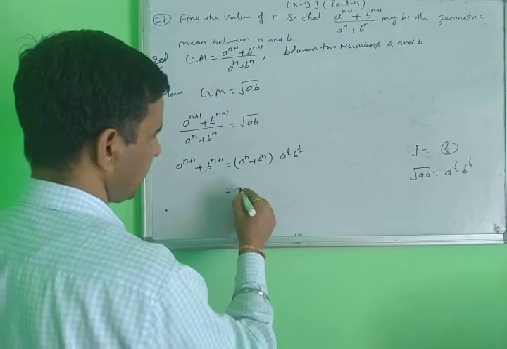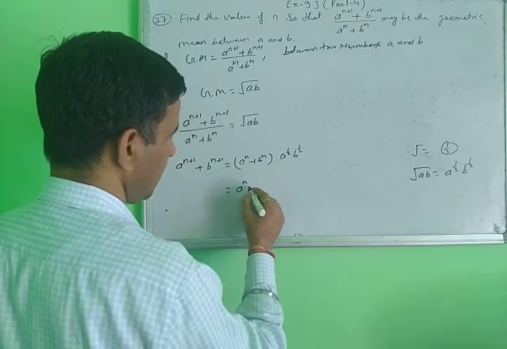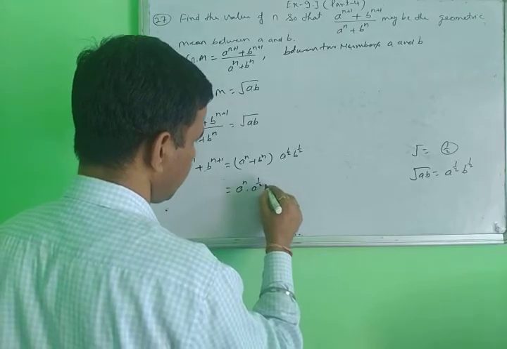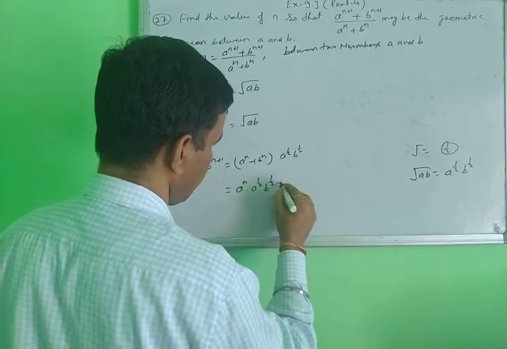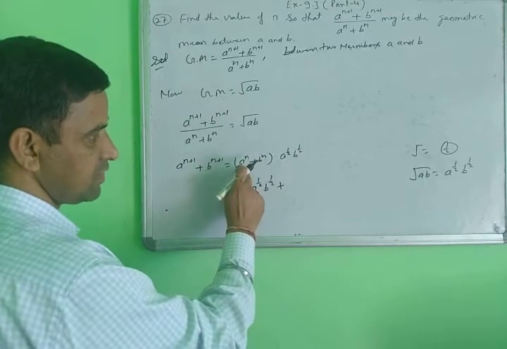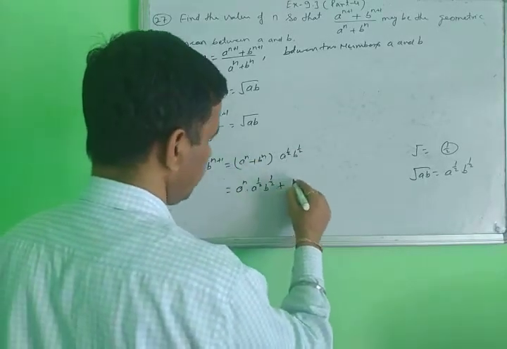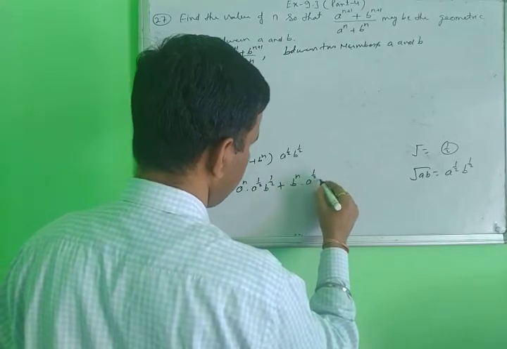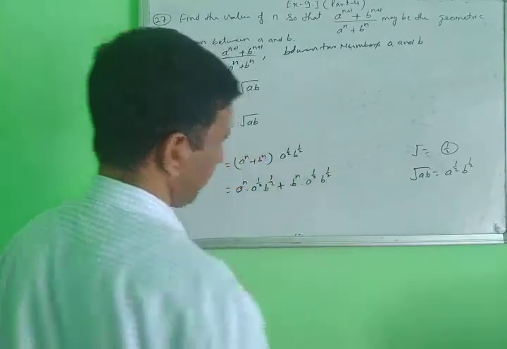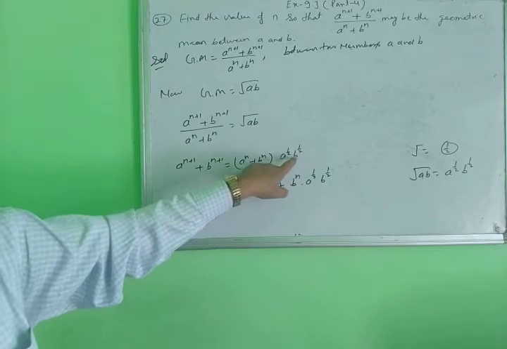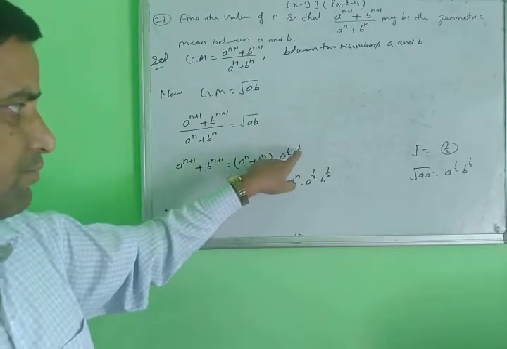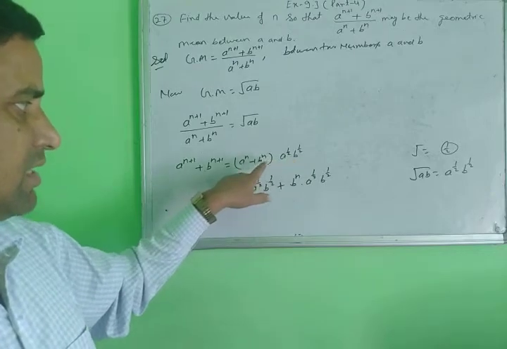What value comes here? a^n into a^(1/2) and b^(1/2). First multiply the first term, then the second: b^n, a^(1/2) and b^(1/2). The product of both numbers is multiplied in the first term, and the product of both numbers is multiplied in the second term.